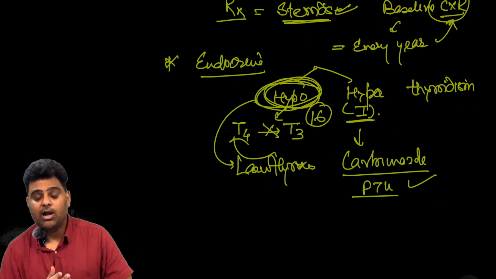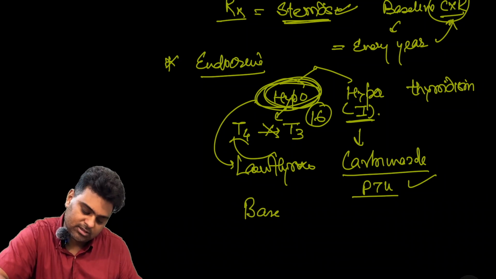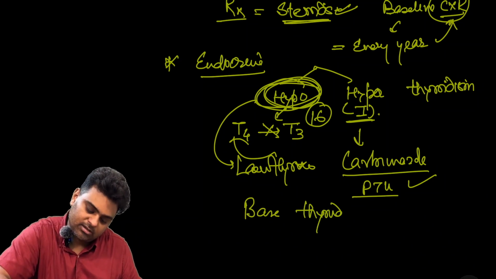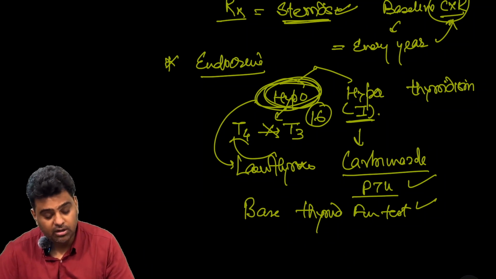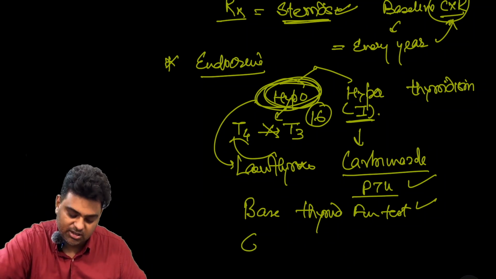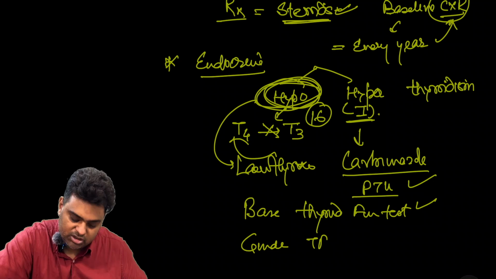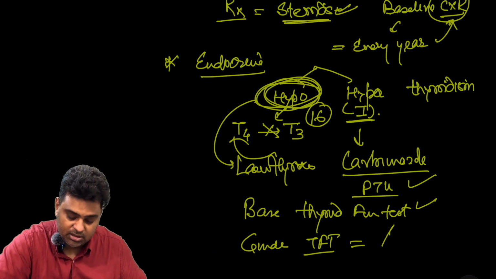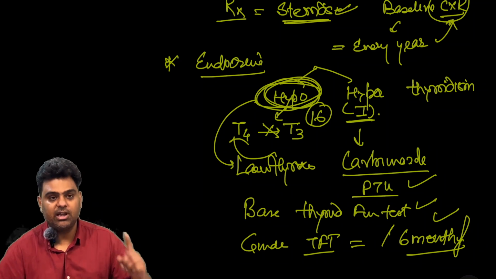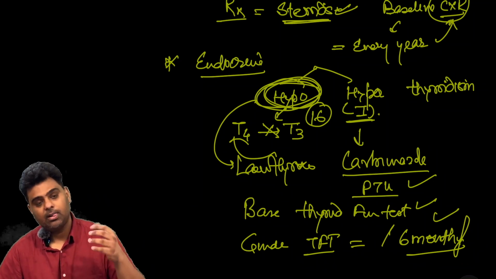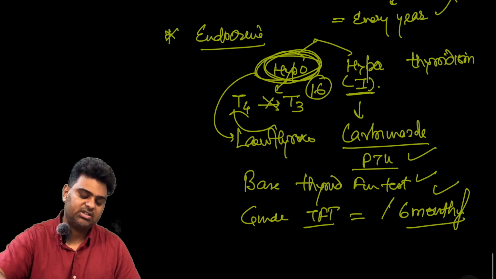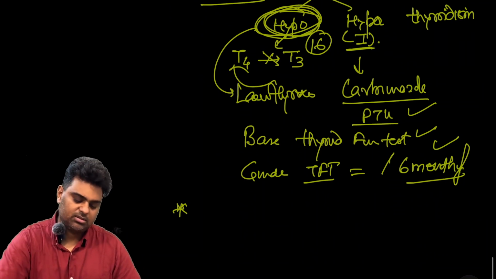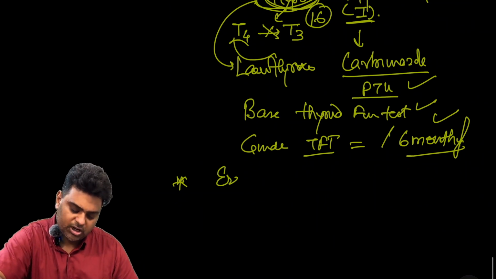And therefore a baseline thyroid function test is mandatory before starting amiodarone, and guidelines say thyroid function test has to be repeated 6 monthly. Just like the X-ray has to be repeated yearly, the thyroid function test has to be done 6 monthly. It can also cause erectile dysfunction.